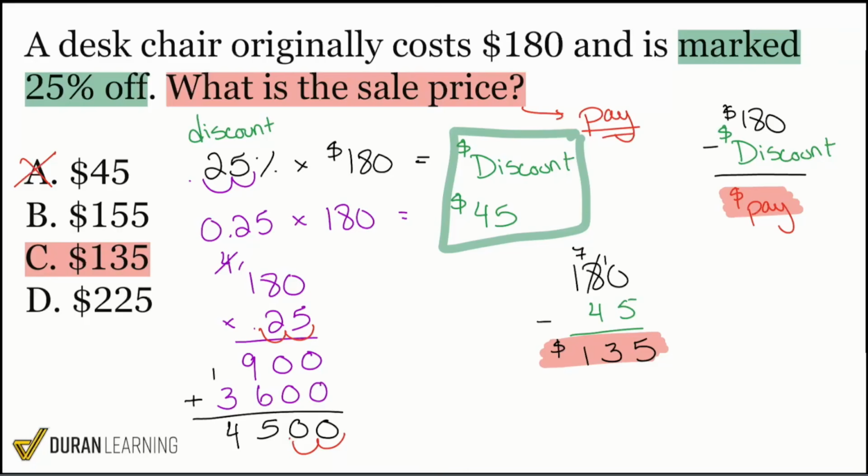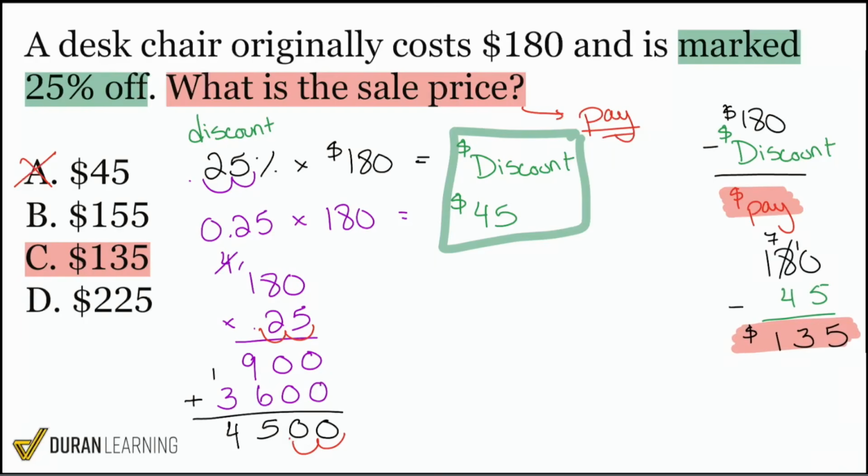But before we move on, I want to show you, again, the other way that we can do this. Because remember, the way that these formulas work is all about consistency. So to get the correct answer in a much faster way, we can just plug in the correct percentage. The percent that represents what we pay, everybody, well, it's this. We start off with 100% because that represents the whole thing.